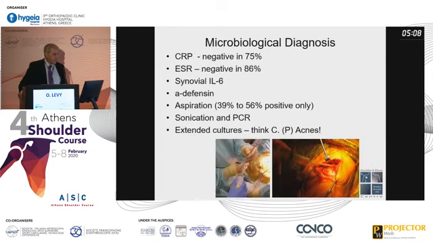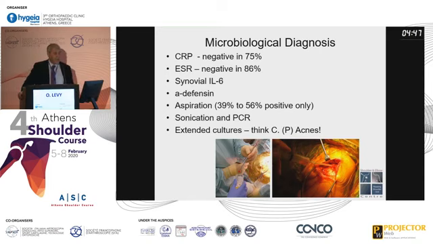So with microbiological diagnosis, the CRP is negative in 75% of the cases. ESR is negative in 86%. Synovial interleukin 6, again, questionable. Alpha defensin, questionable, especially for P. acnes. Aspiration, again, will be positive between 39 and 56% only.